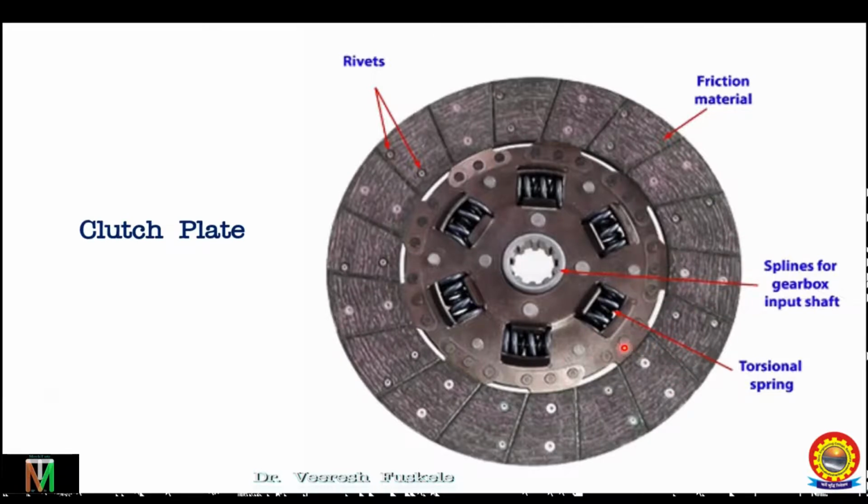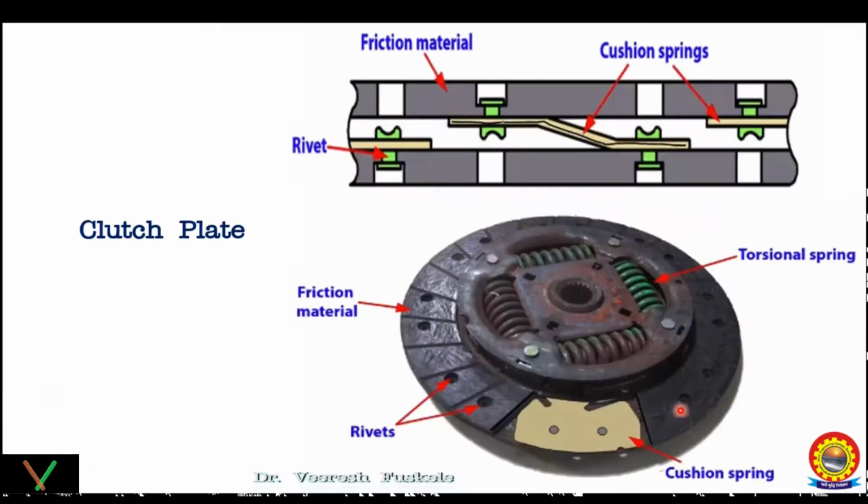These arms are attached to the central hub of the clutch plate. These plates project from the hub, and they are depressed like this, only a small depression, so that the force gets cushioned. So this is about the clutch plate.